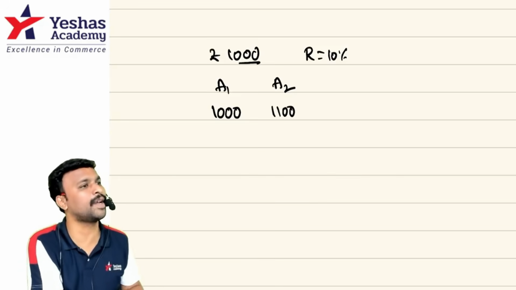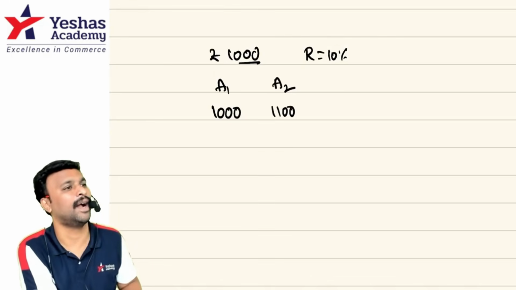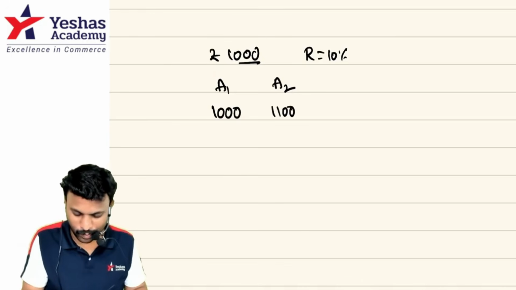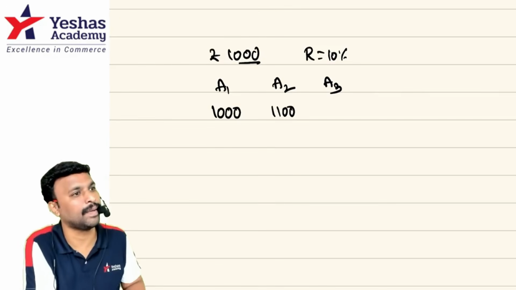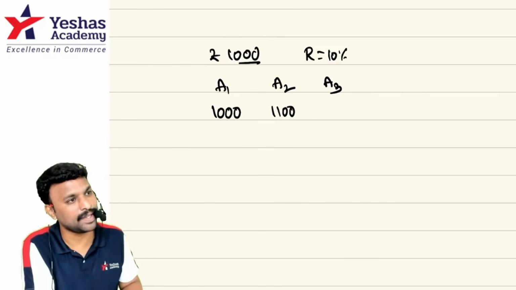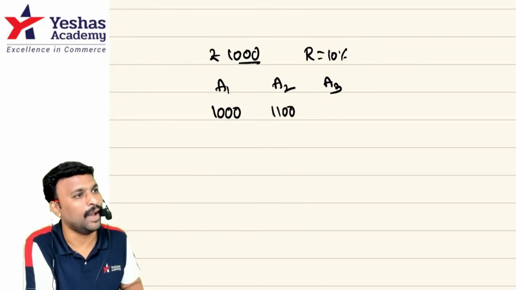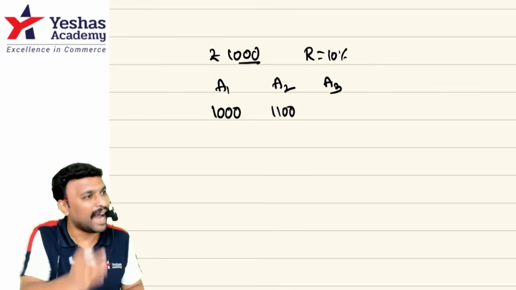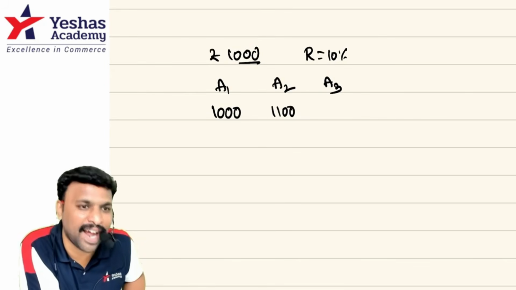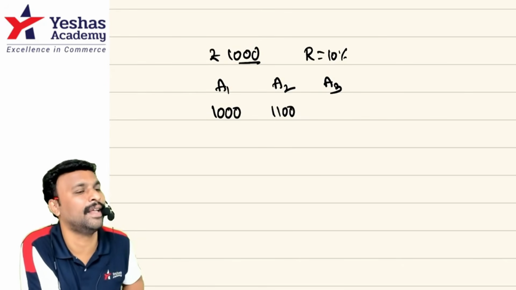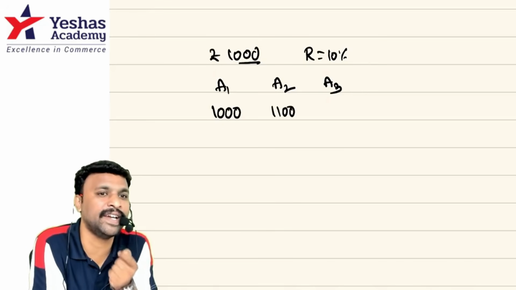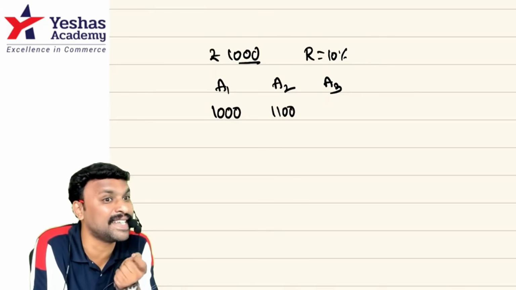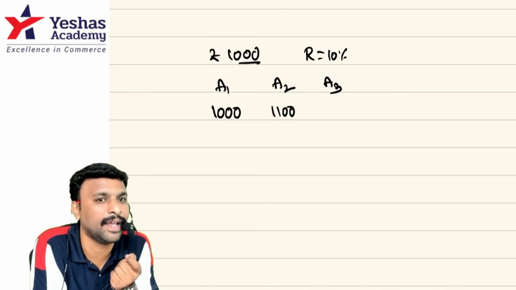Now what is A3, the third amount? Is it 1100 plus 10%? No. Why? Principal remains the same. So again, what's the interest for the second year? 100 rupees only. Correct?